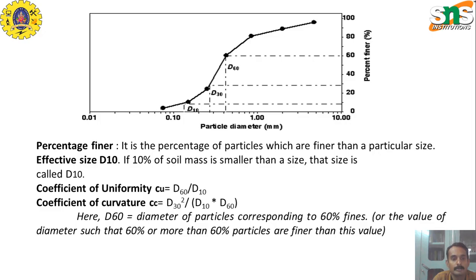It is a ratio between D60 and D10, and coefficient of curvature is the ratio between square of D30 to the product of D10 and D60. So D60 is the diameter of particles corresponding to 60% fines, and D30 is the diameter of particles corresponding to 30% fines.